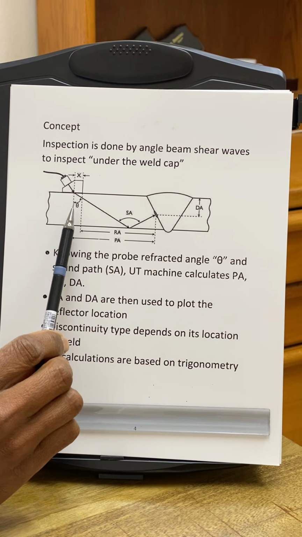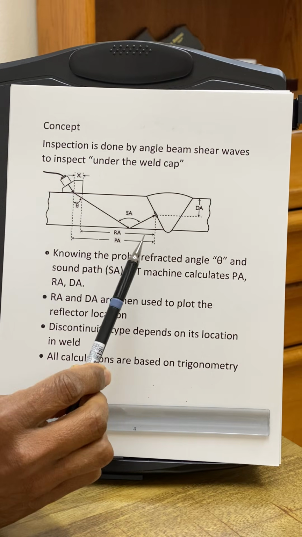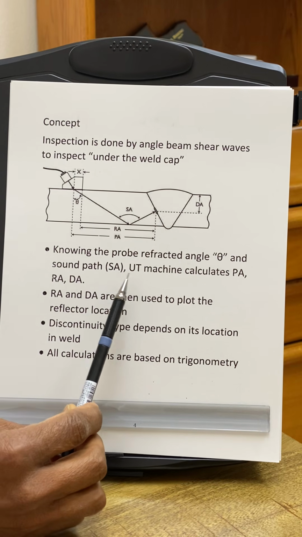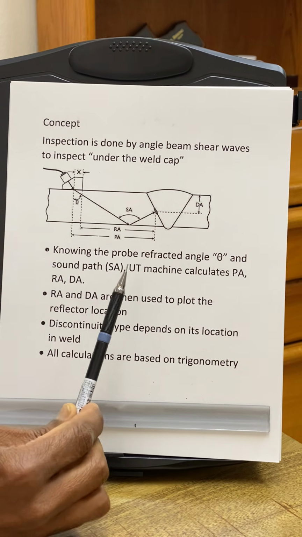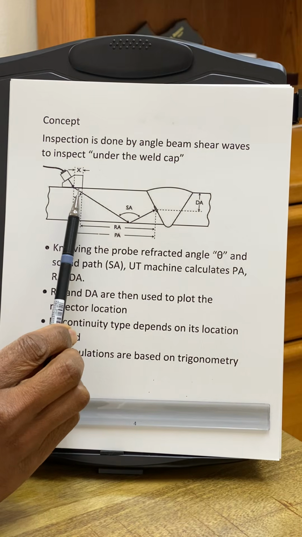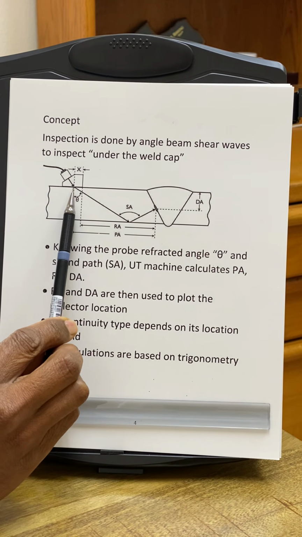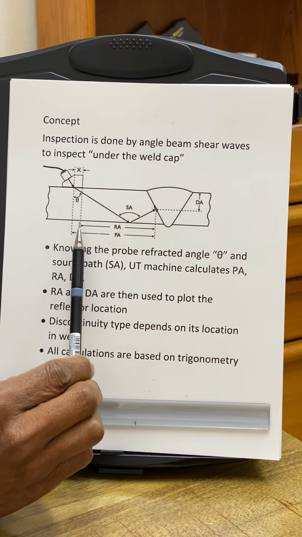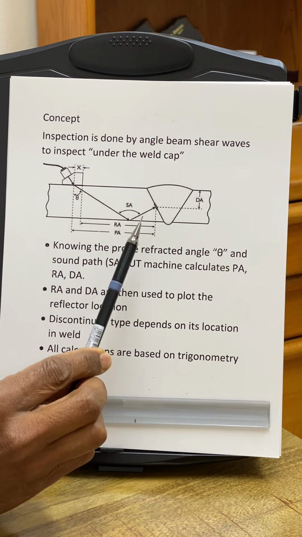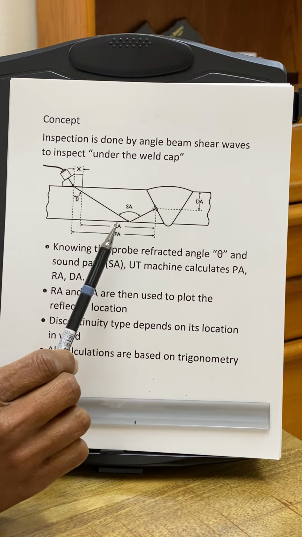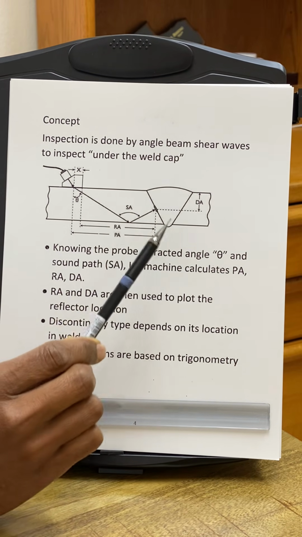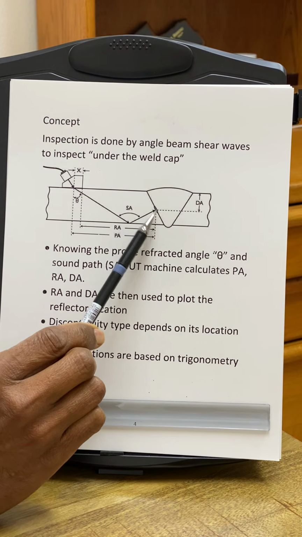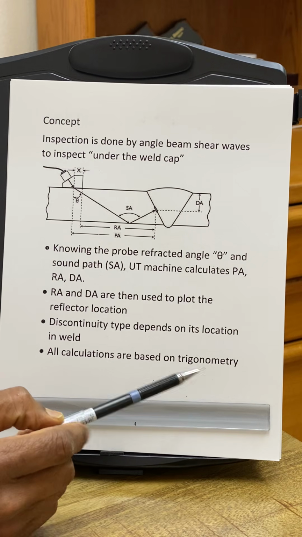Again, knowing the refracted angle and the sound path, the machine calculates the PA and DA. Once we include this X distance, the distance from the exit point to the front of the wedge, the machine will calculate RA and DA. Knowing the RA and the DA, we can place the reflector inside the weld area here. So that's how the inspection is done.